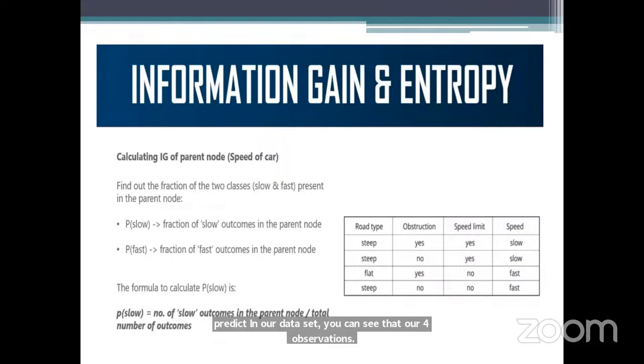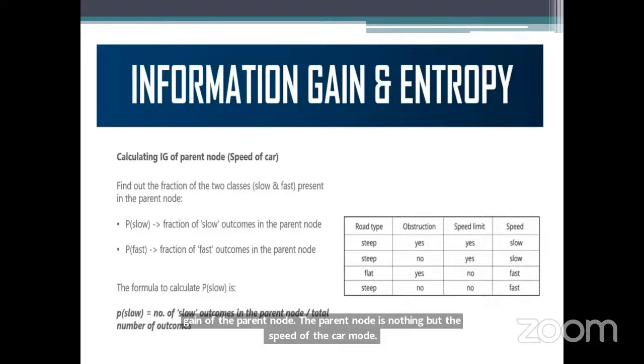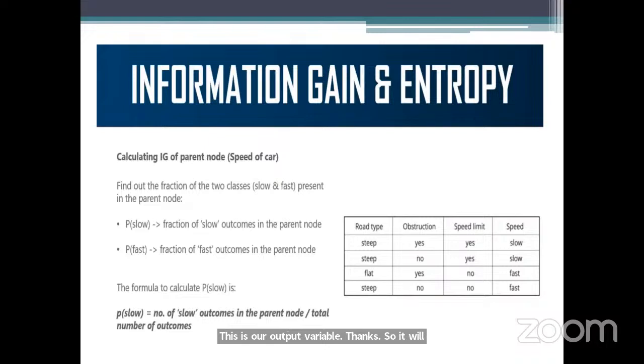All those 4 observations in the road type column correspond to the 4 labels in the speed column. So we are going to begin by calculating the information gain of the parent node. The parent node is nothing but the speed of the car node. This is our output variable, correct? So it will be used to show whether the speed of the car is slow or fast.